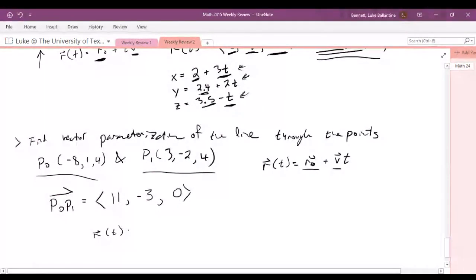So r of t equals, I'm going to use P naught for r naught, negative 8, 1, 4 plus t times vector v, our slope vector that we just calculated, 11, negative 3, 0.